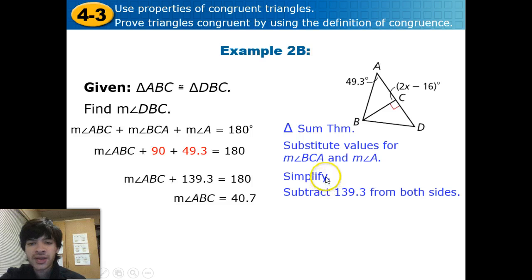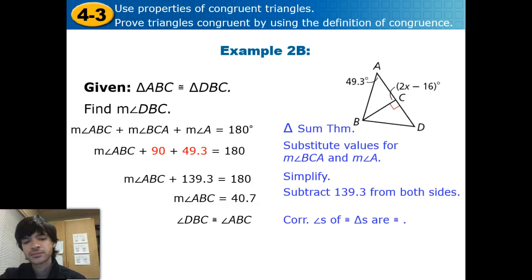Sweet. So then guess what we can say now? Angle ABC is congruent to angle DBC because the corresponding angles of congruent triangles are congruent.